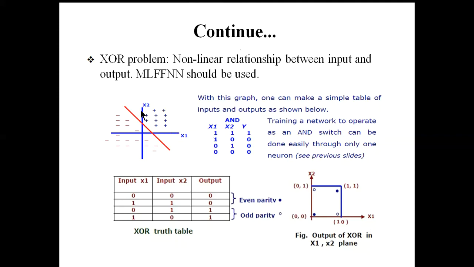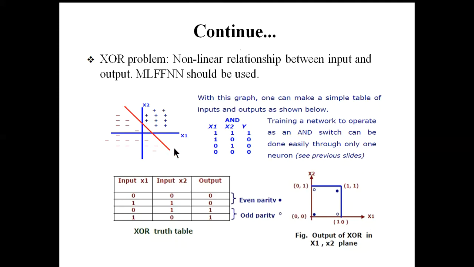Now if we plot x1 and x2 along with the output, for x1 equal to 1 and x2 equal to 1, the output will be 1, so we get this region. All other cases are represented by 0. Positive points denote 1 and negative points denote 0.